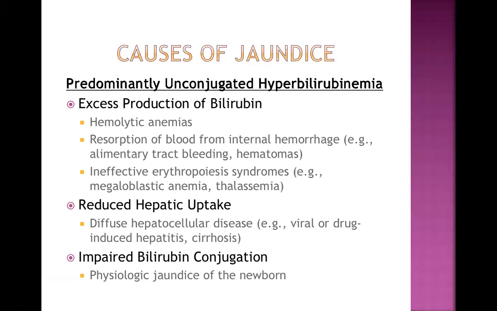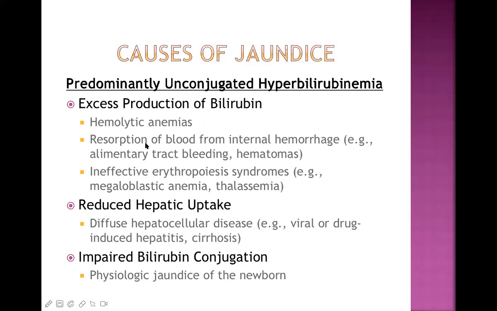G6PD deficiency, sickle cell anemia, thalassemia, hereditary spherocytosis, autoimmune hemolytic anemia, and even paroxysmal nocturnal hemoglobinuria. This is a very common question in the viva exam, so please be prepared. In all these hemolytic anemias, there is production of excessive bilirubin, and that is unconjugated type.